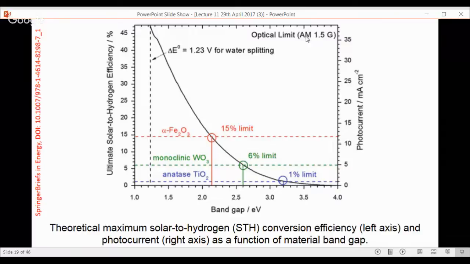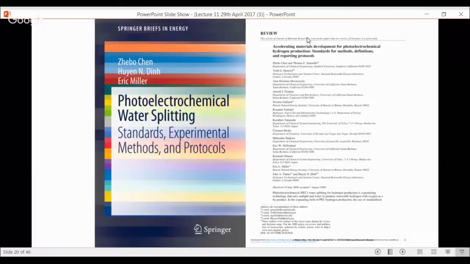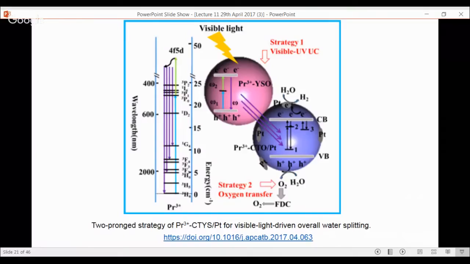This graph is drawn for an air mass ratio of 1.5. We will come to it later. This is the book I was talking to you about, Photoelectrochemical Water Splitting: Standards, Experimental Methods and Protocols. The slide that I showed is taken from this book and other publications.